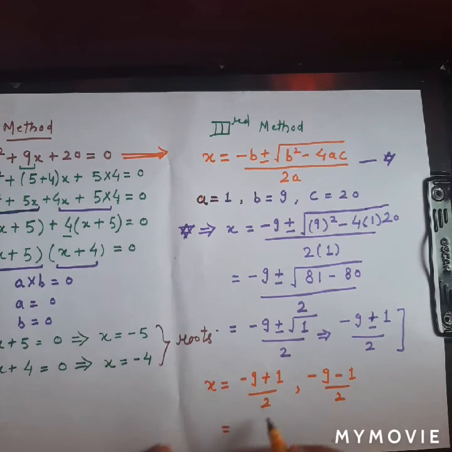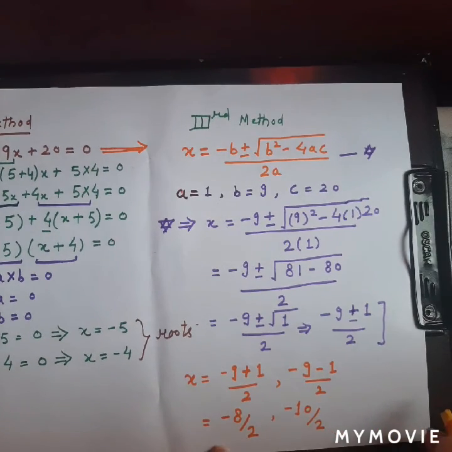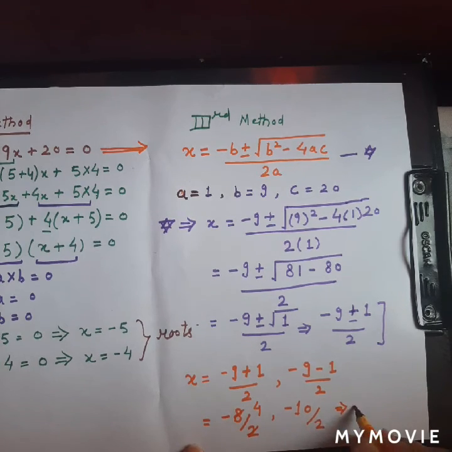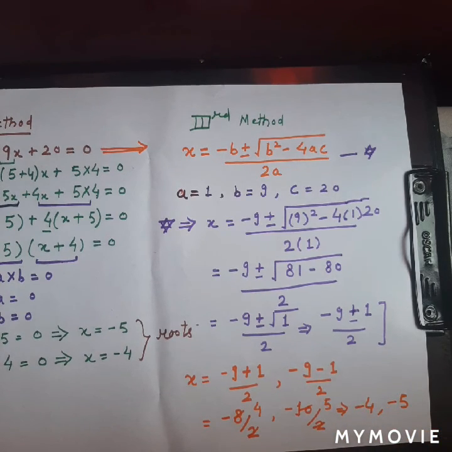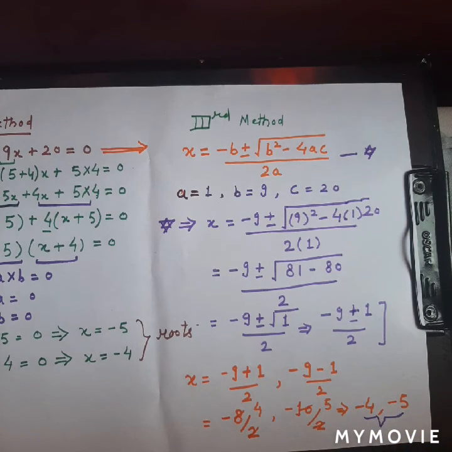Minus 9 plus 1 is minus 8, because the negative is with the bigger number, so we use the negative sign, divided by 2. Here minus 9 minus 1, the addition of two numbers, is 10 with negative sign, divided by 2. And 2 4s are 8, the value is minus 4, 2 5s are 10, minus 5. So again our answer is minus 4 and minus 5.